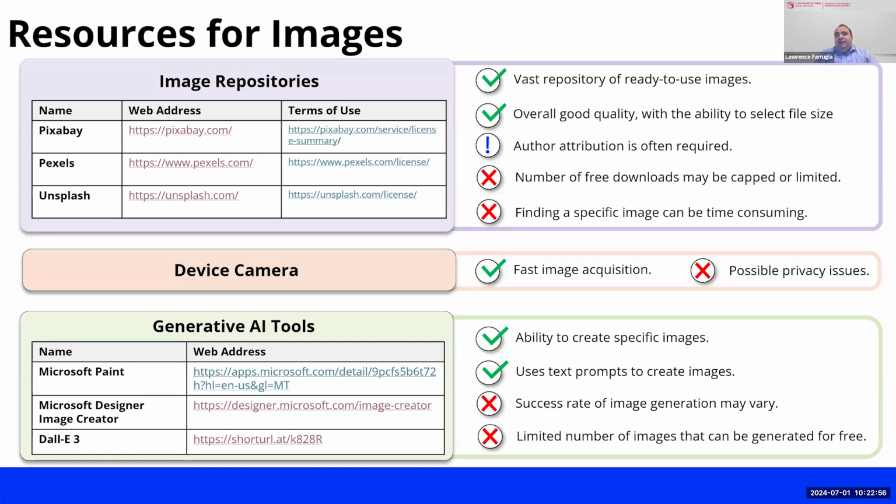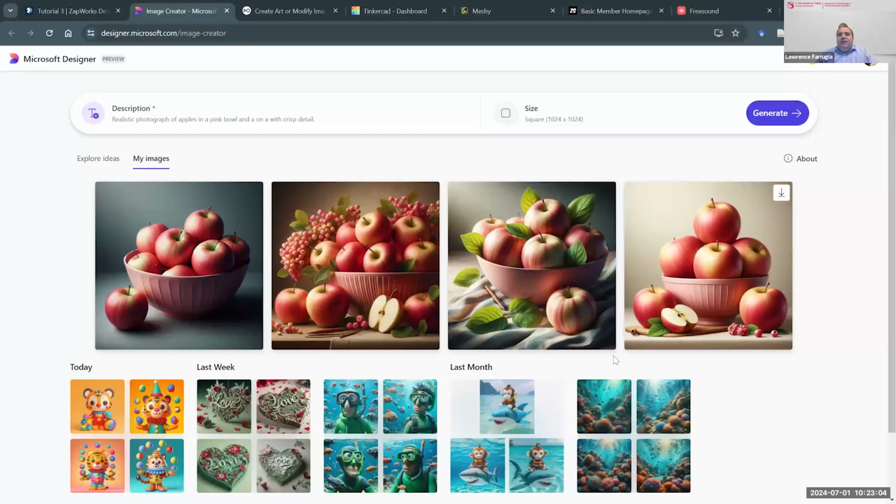A disadvantage of these tools is that while these tools are free, you have a limited number of tries. In fact, if I go back to my AI screen, you'll notice that I have coins here. And every time I create an image, so these coins are free. Every month I get 15 coins. But once you have basically created 15 images, you have to pay money in order to top up those coins.